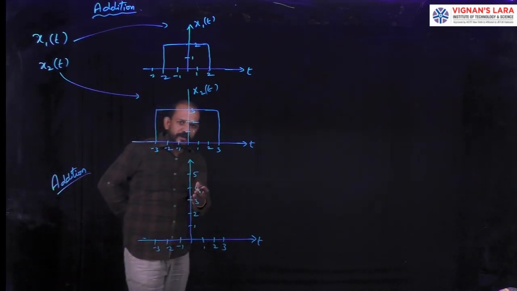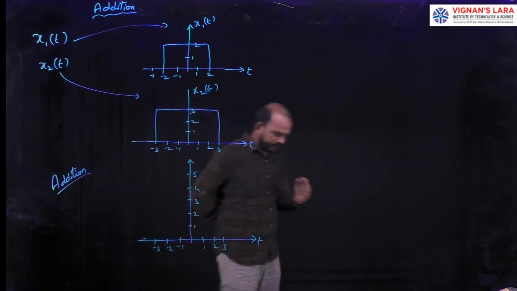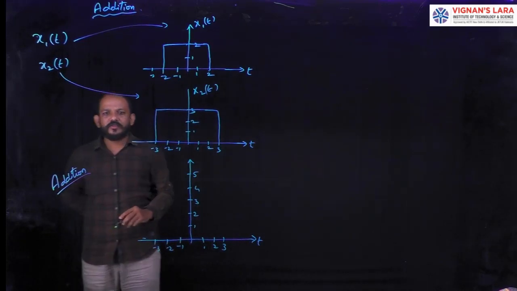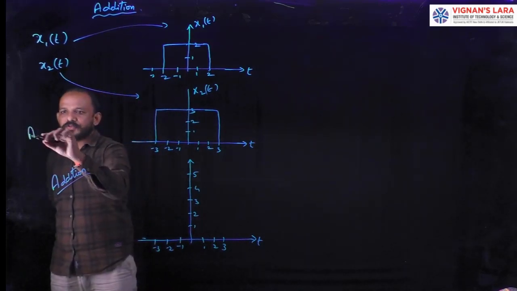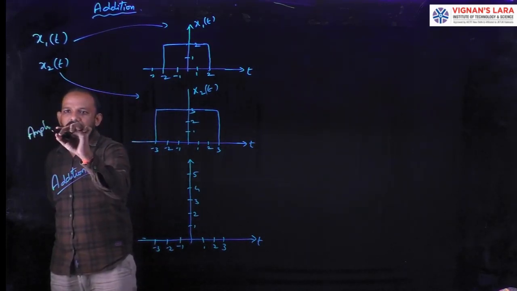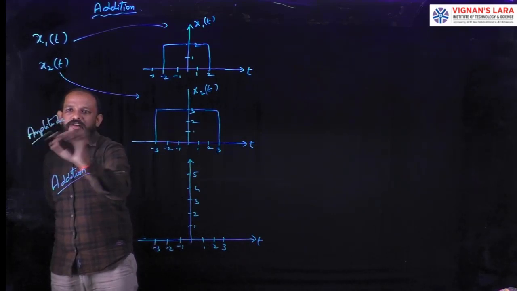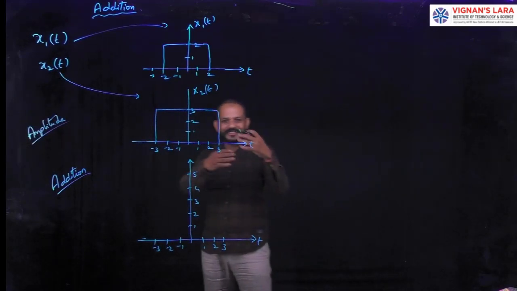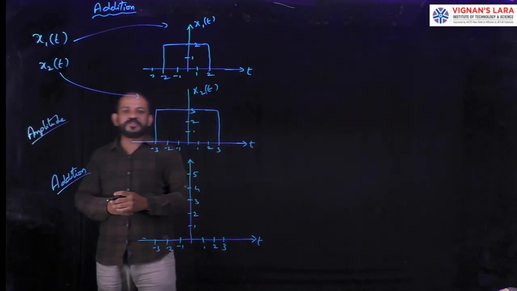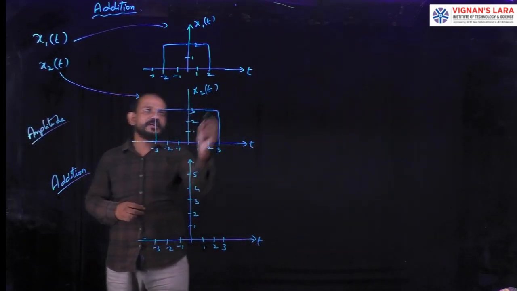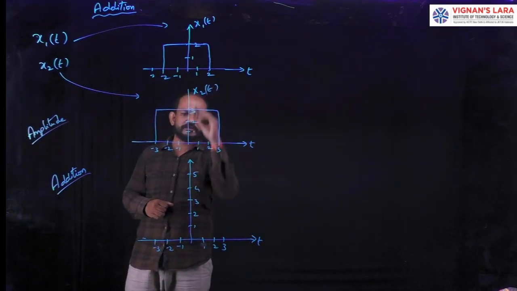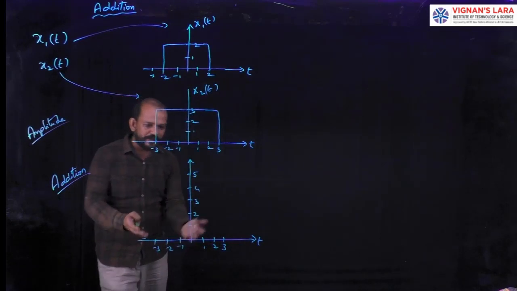Why did I write it like this? Simply, this addition operation is with respect to the amplitude parameter. That means only the amplitude of the signal will change, and there will be no change with respect to time. Here the time is from -3 to +3 and -2 to +2. So the larger one is this one, so I wrote that one.